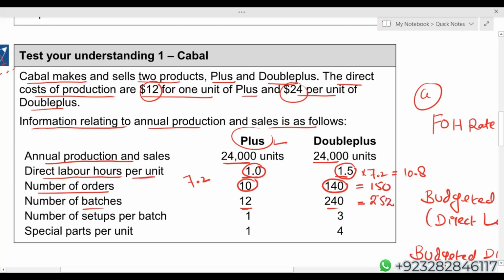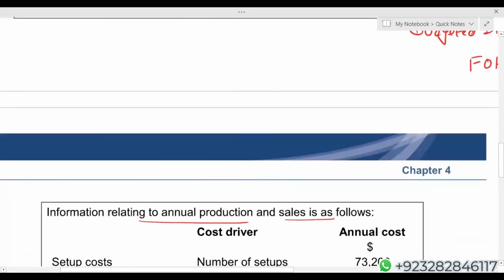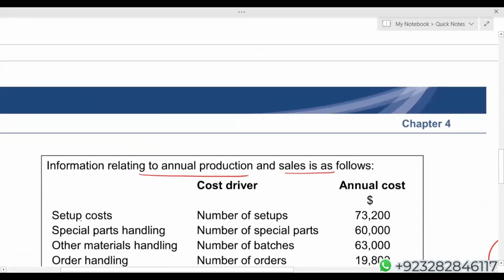Then it says number of setups per batch, and specialist parts per unit, I'll come to this. Now look at this: we have setup cost, number of setups, and 73,200.